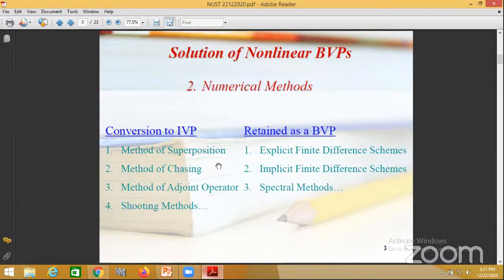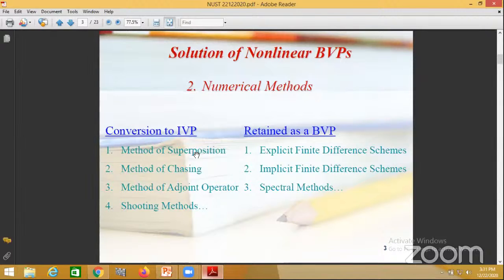There are actually two methods in this situation. One method is to convert your boundary value problem to a system of initial value problems. And after converting to the system of initial value problems, a number of methods are available to solve those initial value problems. However, to satisfy the extra or missing condition, the shooting method or similar types of methods can be used to achieve the accuracy at the terminal point.